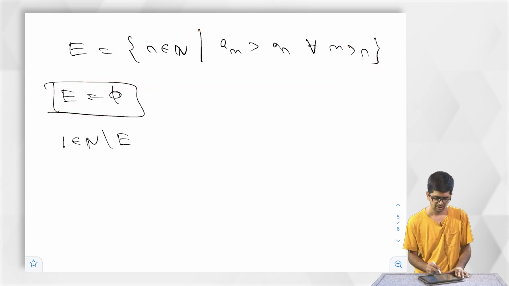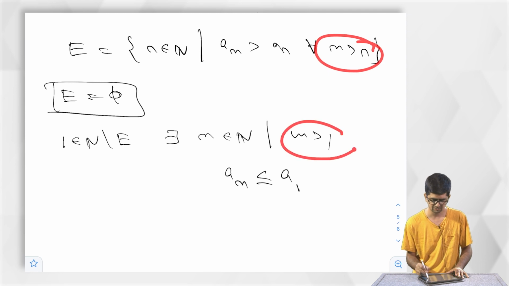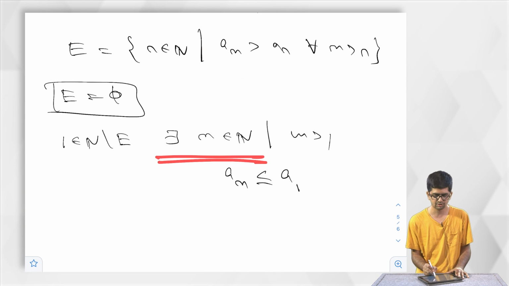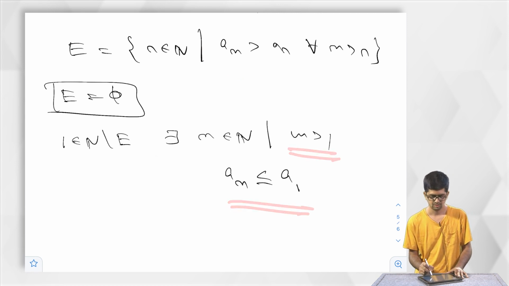What does it mean? It means there exists an m belongs to N such that m is greater than 1 and a_m is less than or equal to a_1. Here n is playing the role of 1. If you observe the similarity, m greater than n, m greater than 1, this is not true for 1, so there exists m belongs to N such that m is greater than 1, but this is the case.